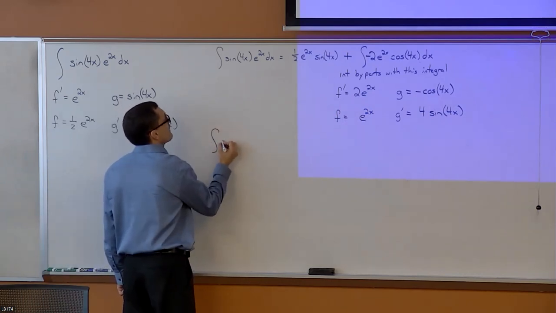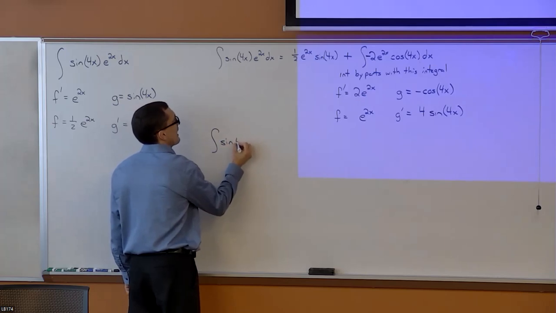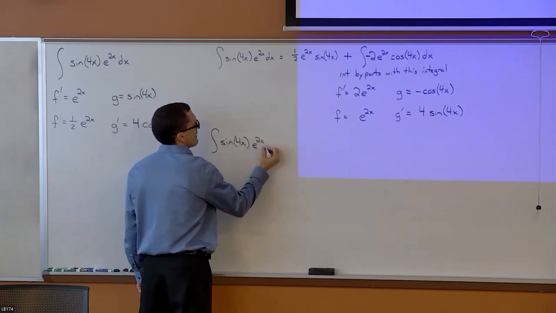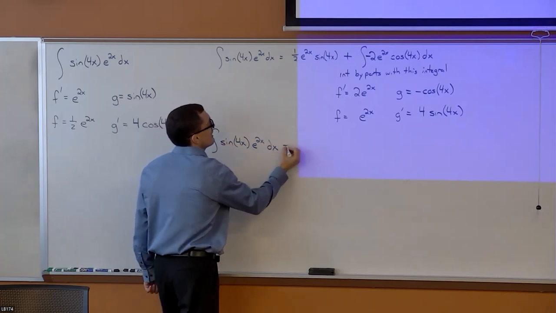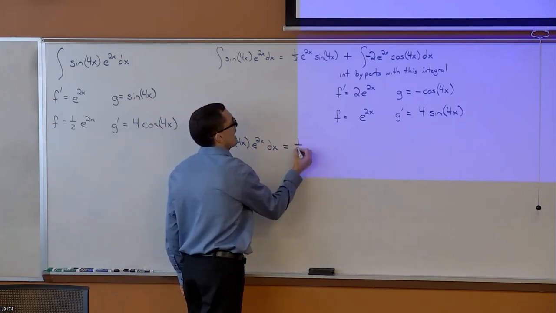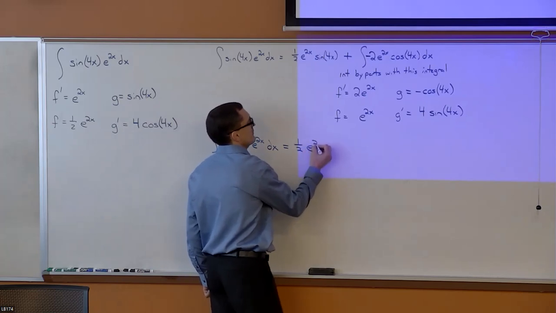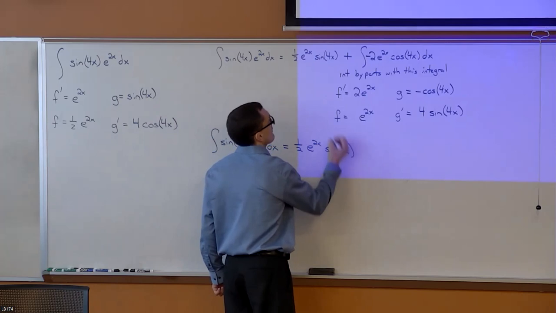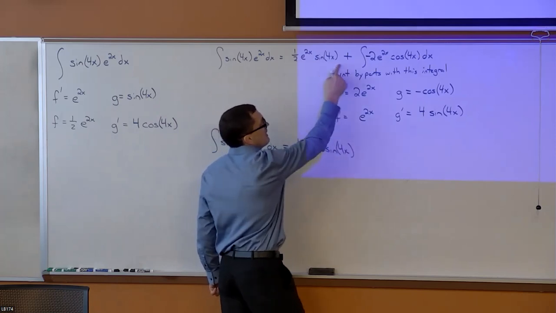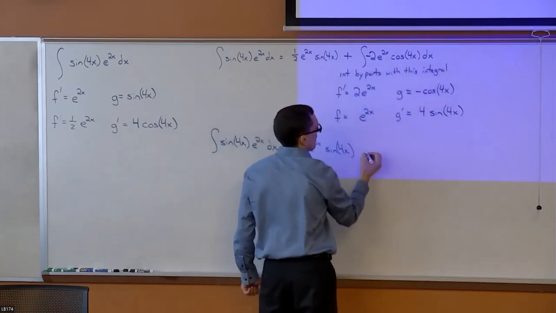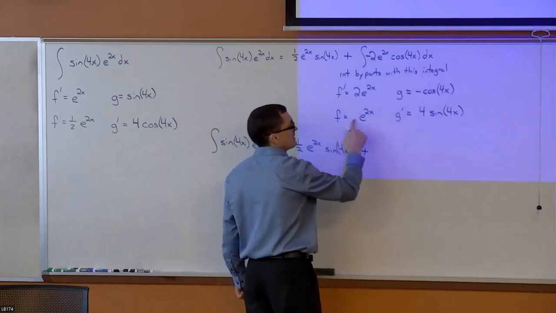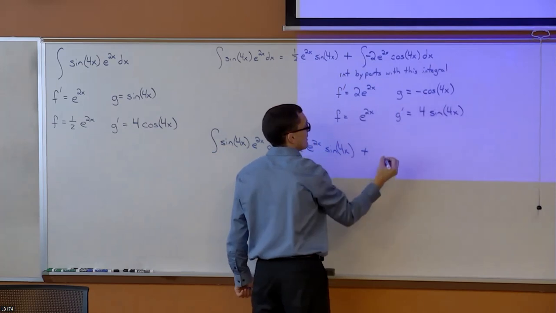So let me rewrite what we have now. The integral of sine of 4x times e to the 2x dx equals 1/2 e to the 2x sine 4x. That's what I got here. This integration by parts gives me f times g.